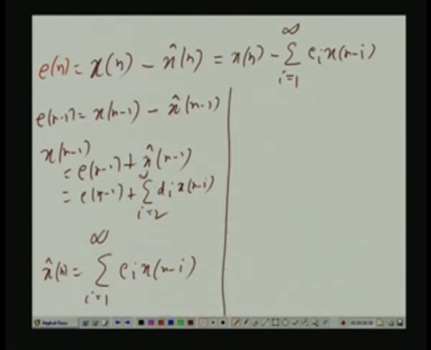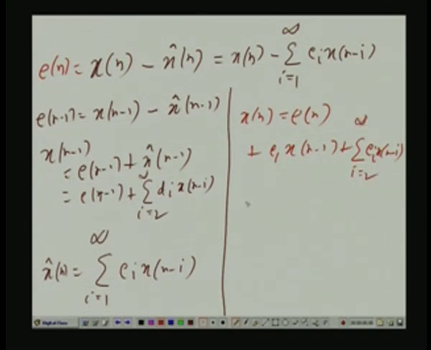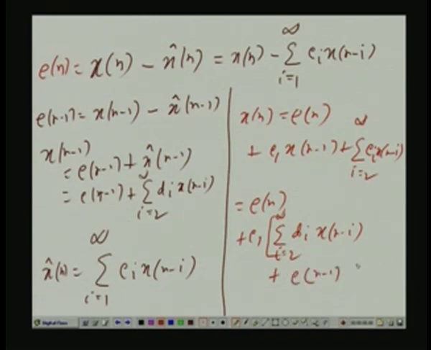If you take this first equation, x n on the left hand side is E n plus, I take out the first term C 1 x n minus 1, plus the rest C I x n minus I, I equal to 2 to infinity, and then x n minus 1 again I write as some d I x n minus I, I equal to 2 to infinity, this is a projection, plus the error E n minus 1.